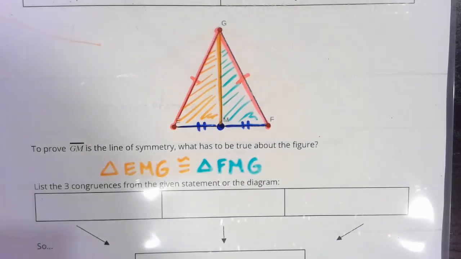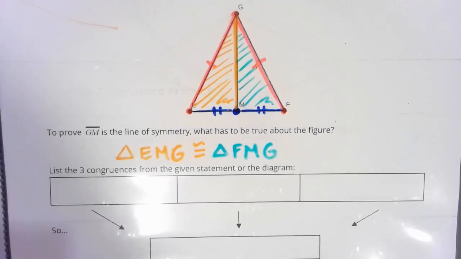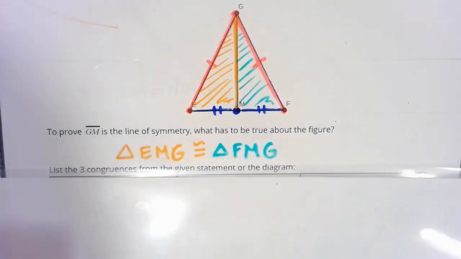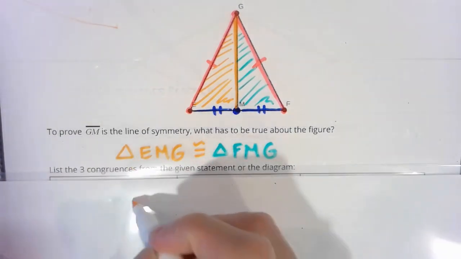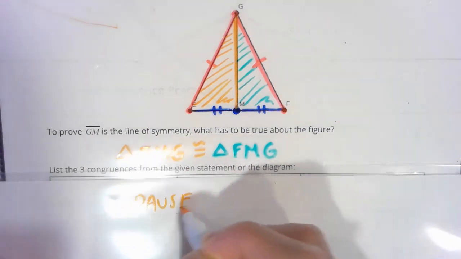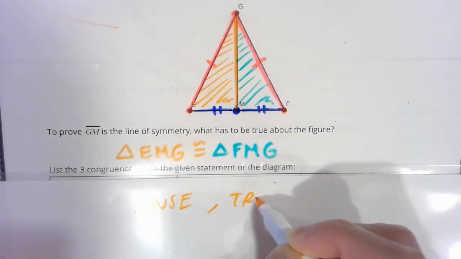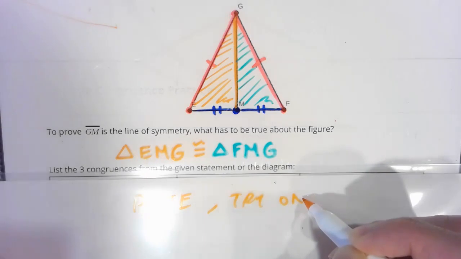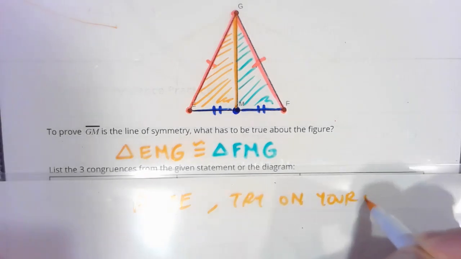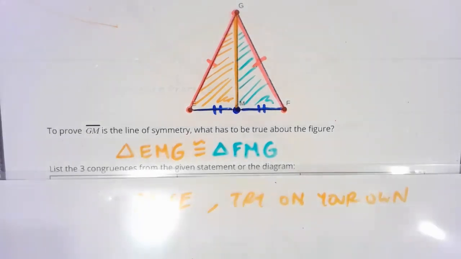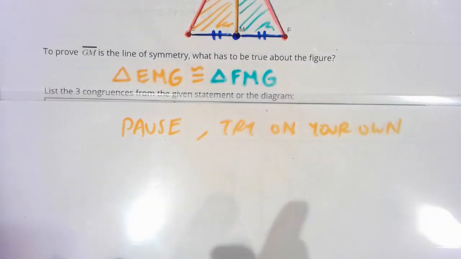Okay. At this point, I want you to pause the video and then try the rest of this page on your own. So pause the video and see if you can finish the rest of this page on your own.